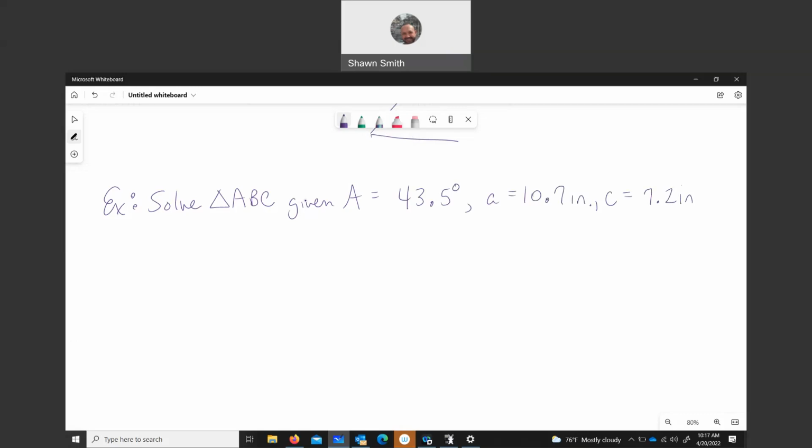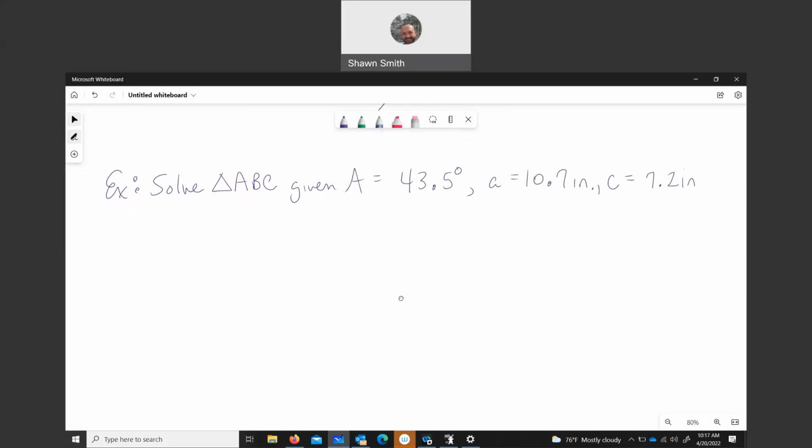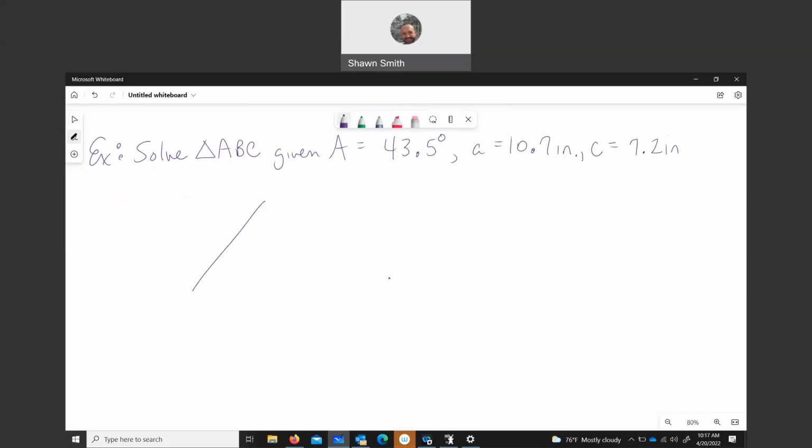Again, draw the picture. So you can see you have this angle and opposite this angle, so law of sines can apply.